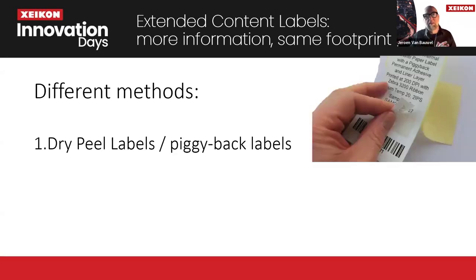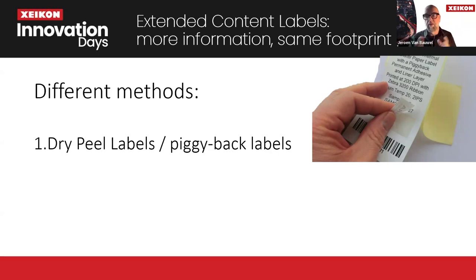And then within this segment, I also see the so-called piggyback constructions being quite common. Constructions where two labels are layered together. The top layer can be removed and can be reapplied, for example, to documents, to charts, to forms. An application that is widely used in logistics for track and trace purposes, and also in healthcare applications.